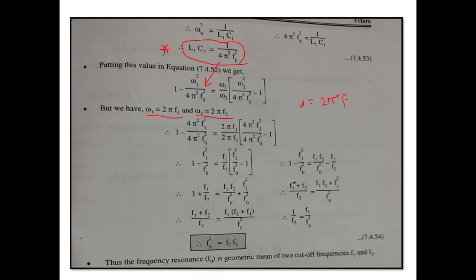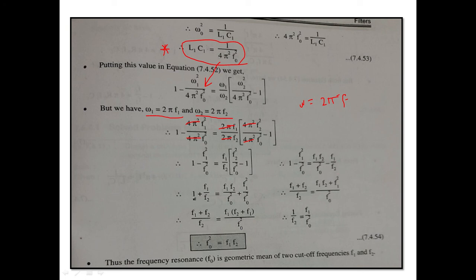Then the 4π² cancels out, and the 2π cancels out, and the equation formed is 1 - f1²/f0² is equal to (f1/f2)(f2²/f0² - 1). Multiplying f1/f2 inside the bracket gives f1 f2/f0² - f1/f2.